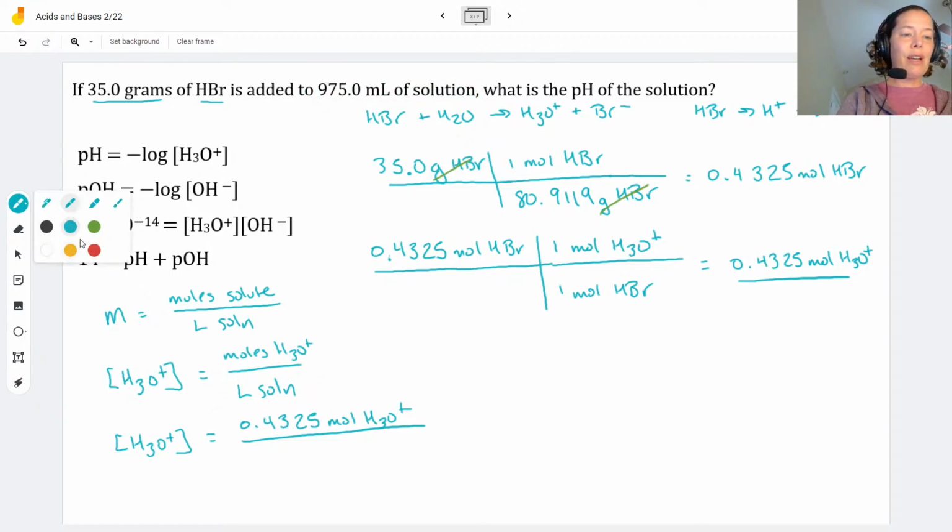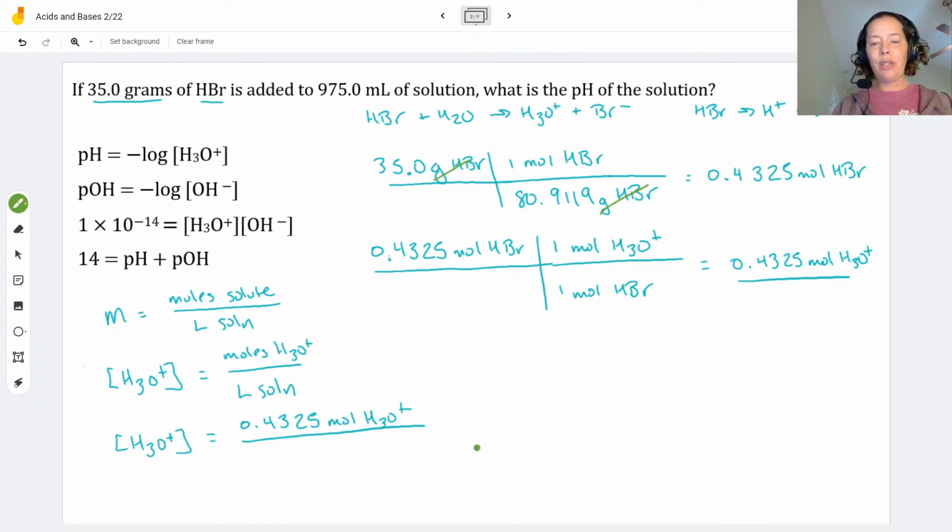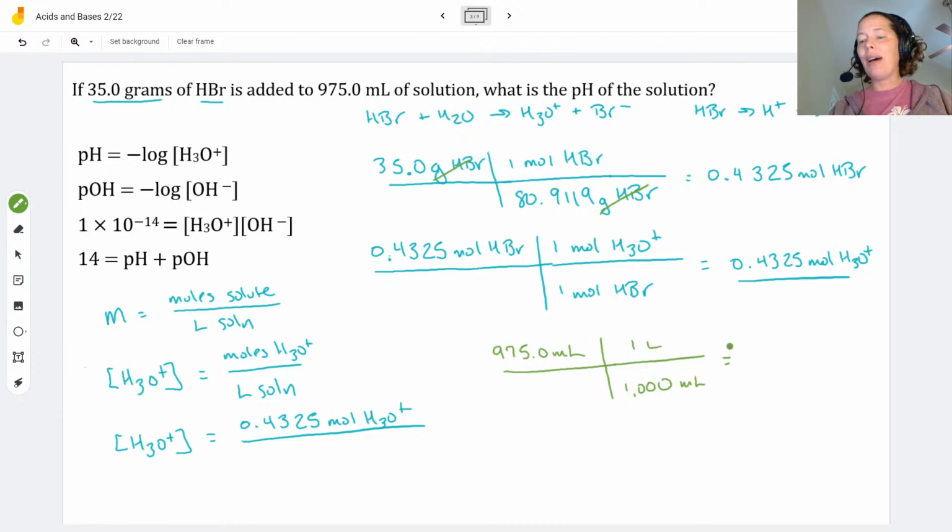But there is a very small wrinkle. I'll do this in green. We have 975 milliliters, but this formula calls for liters. So it's just a really simple calculation to convert from milliliters to liters. You're probably not having to write this down, because all you need to do is move the decimal.